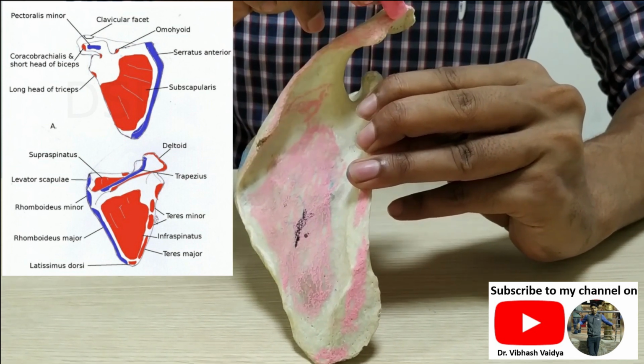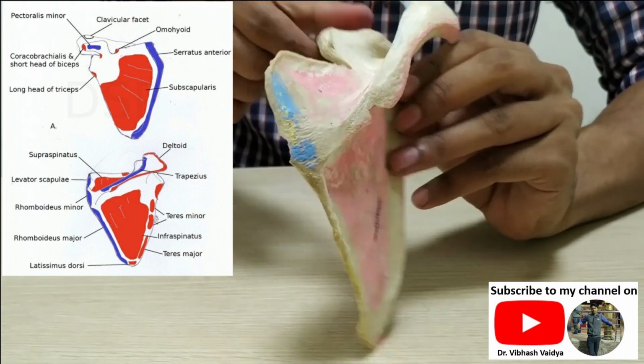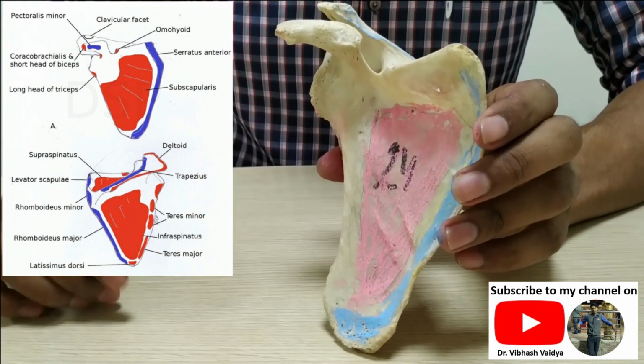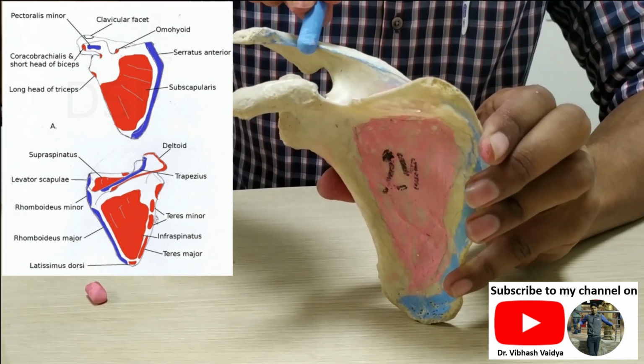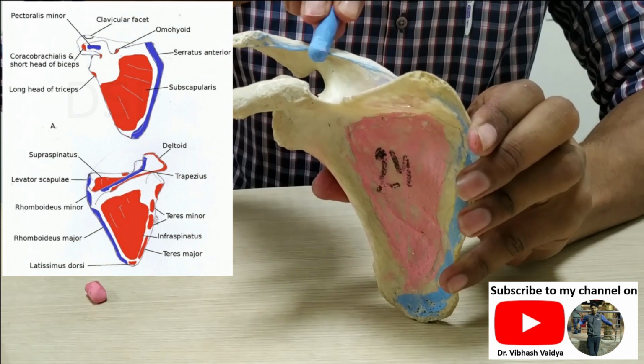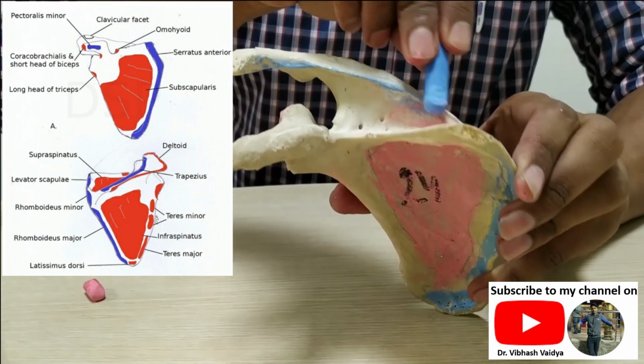Then the trapezius muscle is inserted over the medial border of the acromion process and the upper border of the crest of the spine. This area provides the insertion of the trapezius muscle.